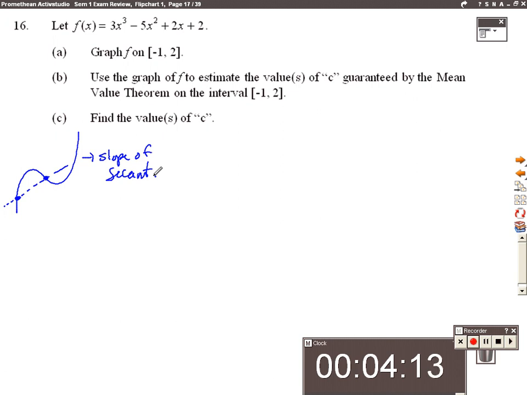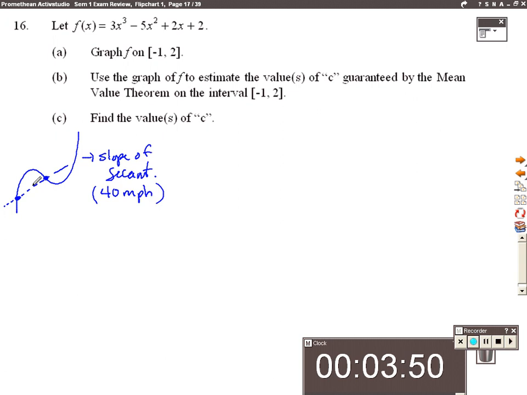The mean value theorem says that at least once during that interval your car had to actually travel your average rate of change. So let's say that your average rate of change was 40 miles per hour. Then at some point during the trip, your car had to travel at an instant 40 miles per hour.